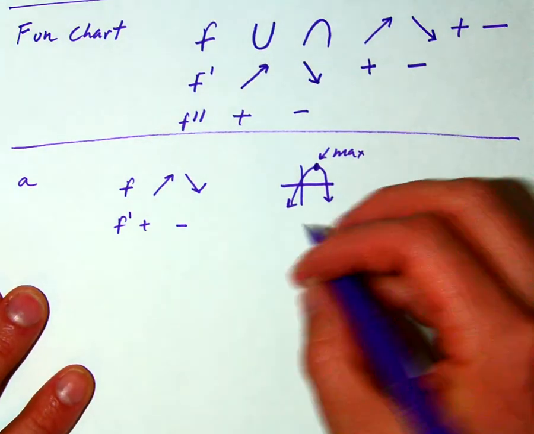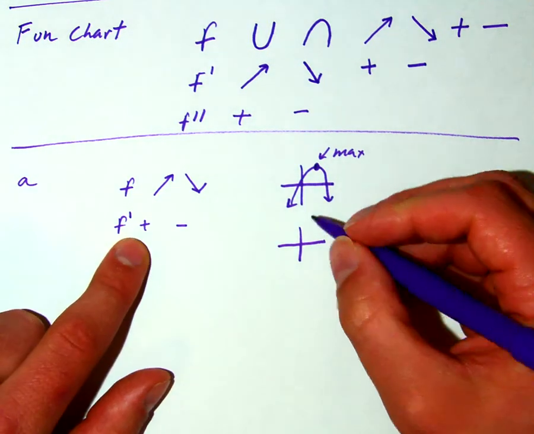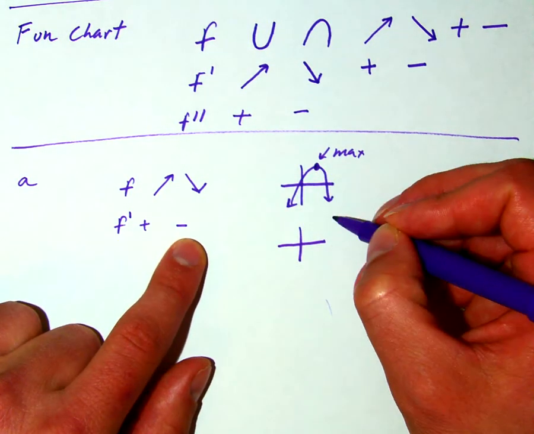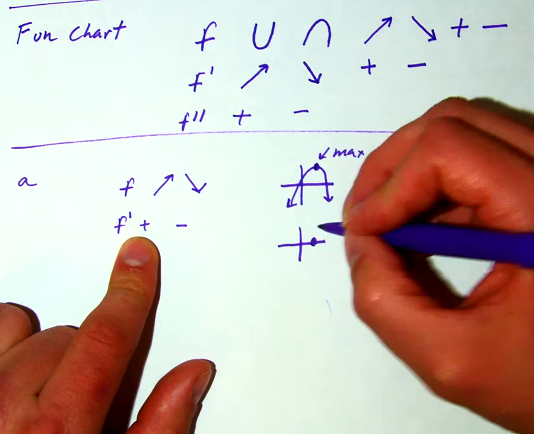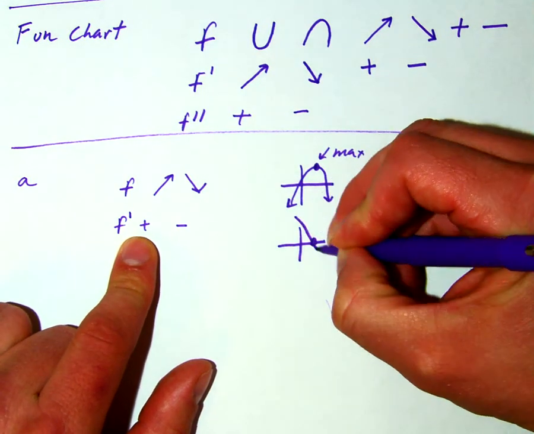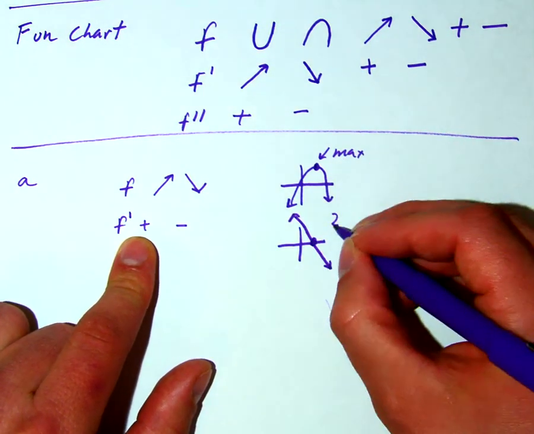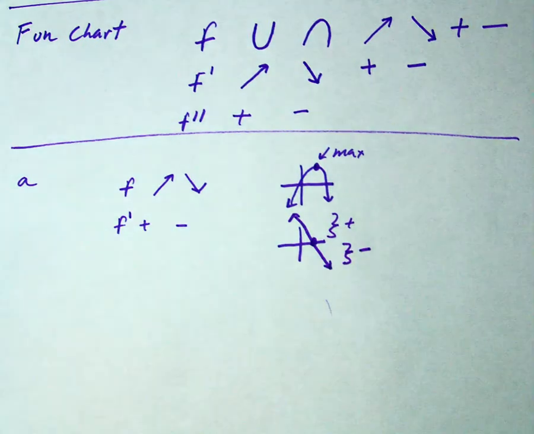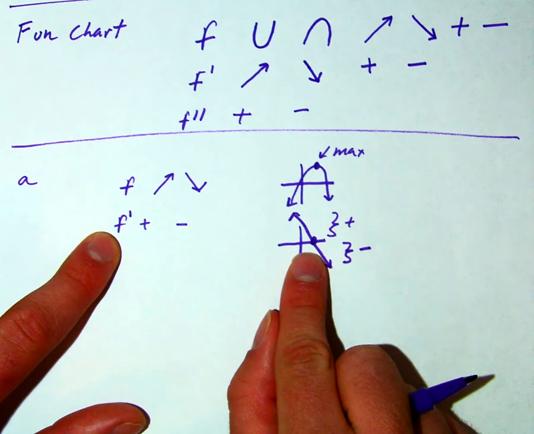Your graph of f prime is going to be positive, and then it's going to be negative. And what I mean by that is it's going to be above the x-axis and then below the x-axis. Here are the positive parts. Here are the negative parts. So when I get the graph of f prime, this is what I'm looking for.